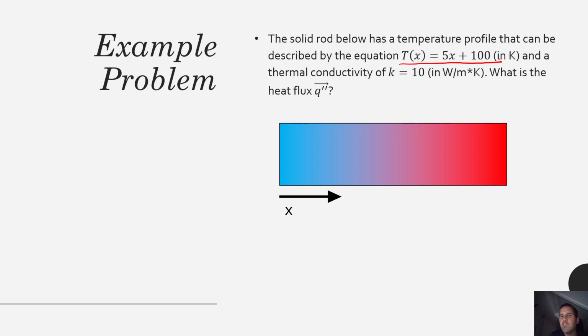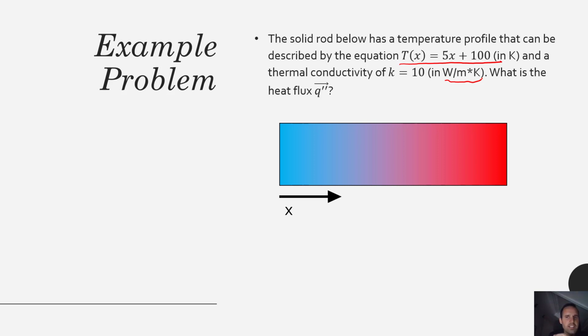Again, a temperature profile is just an equation or a collection of data or a plot that shows you how temperature changes as a function of your spatial coordinates in your system. So this has this particular temperature profile and a thermal conductivity of 10. That's measured in watts per meter per Kelvin. Then what is the heat flux? So you can pause right now and you can take a moment to try and figure this out yourself. So go ahead and do that if you'd like to.